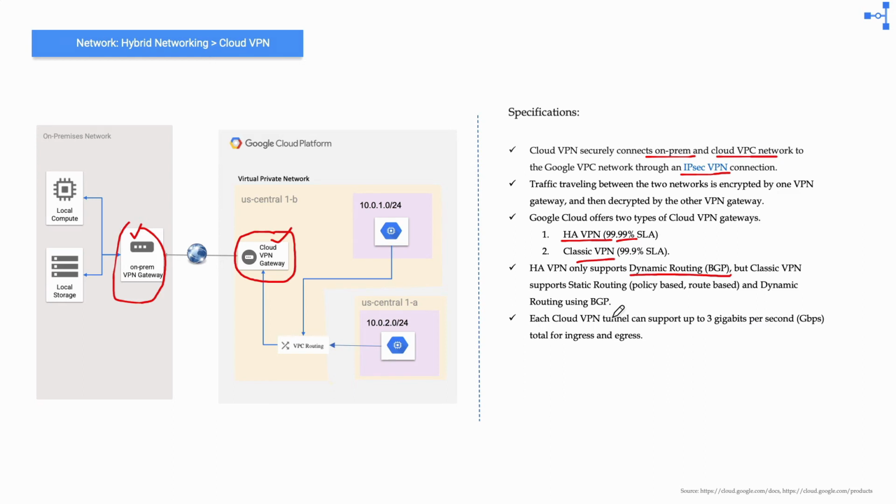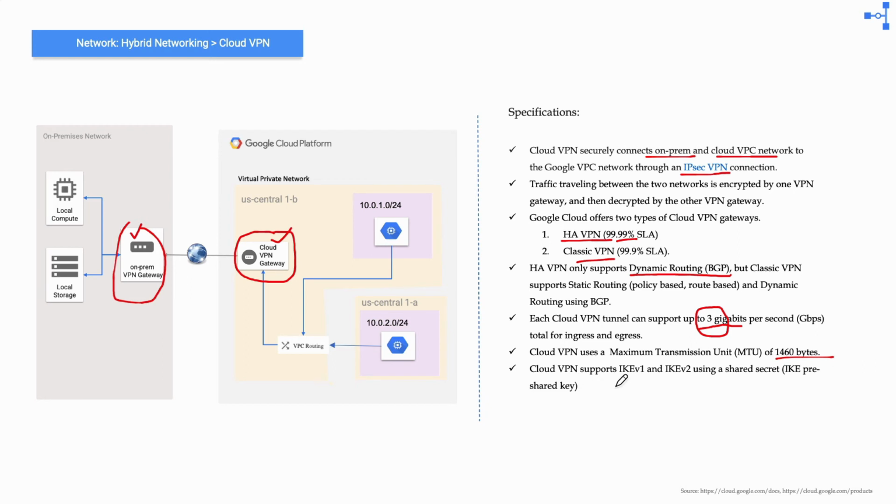Each cloud VPN tunnel can support up to 3 gigabytes per second, and this is what is important, if your requirement is only up to 3 gigabytes per second, then it's a very low cost and good option. Also Cloud VPN uses a maximum transmission unit of 1460 bytes, and it supports IKEv1 and IKEv2 using a shared secret.